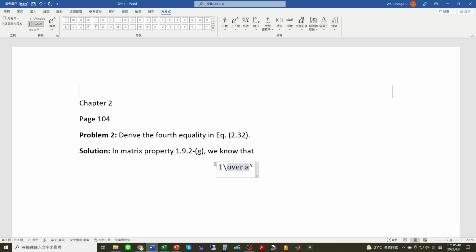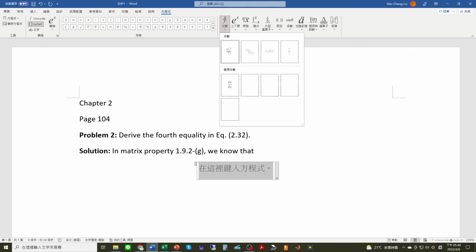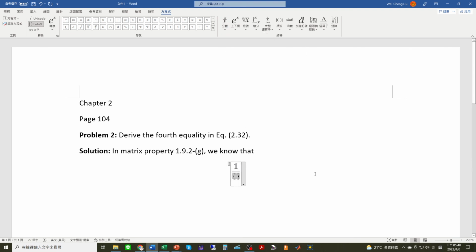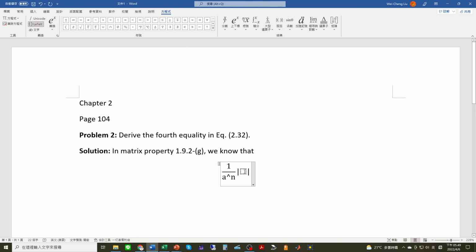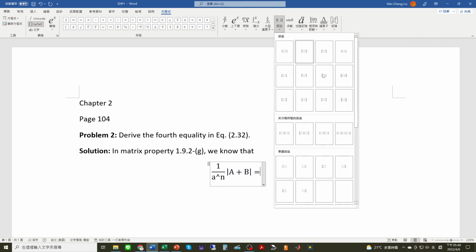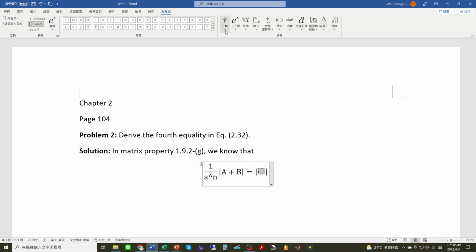Let us insert a fraction. 1 over a to the power of n, and the determinant of a plus b is equal to the determinant of capital A.